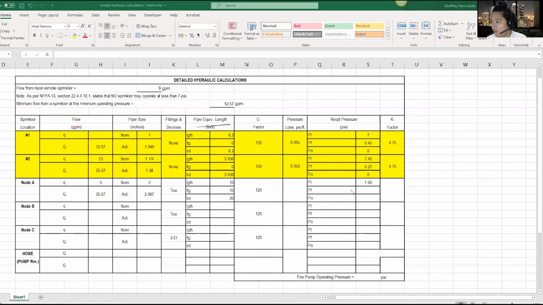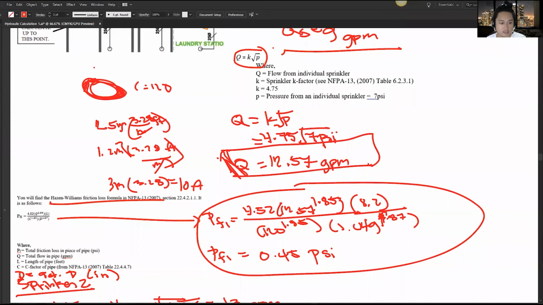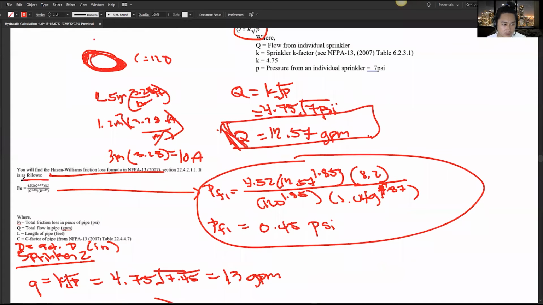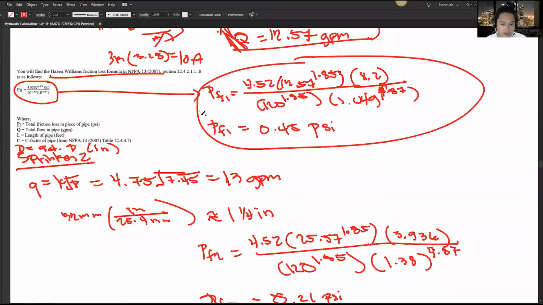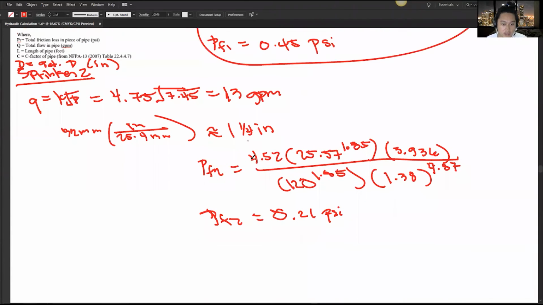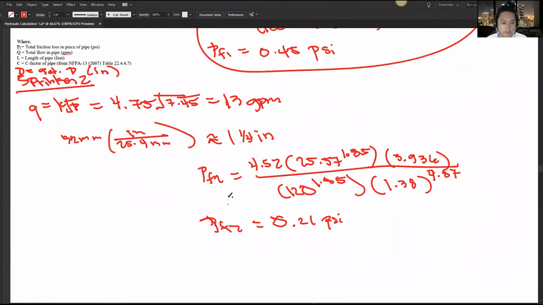to node A. The governing equation for it is the Hazen-Williams equation, this one. I'll just input the values right away.